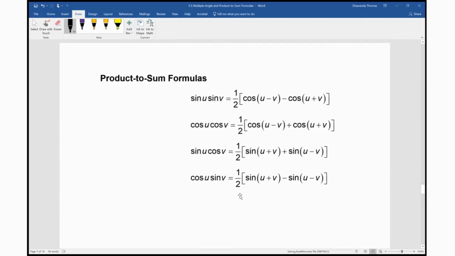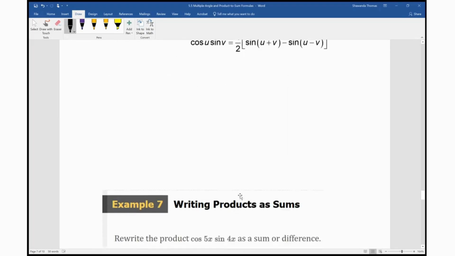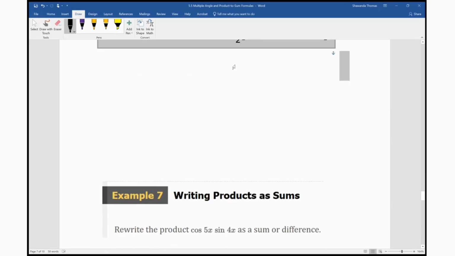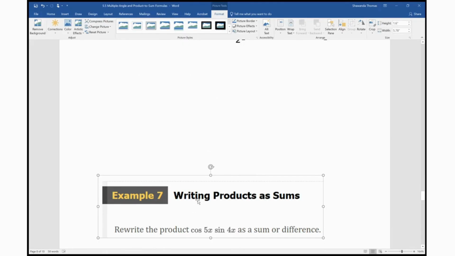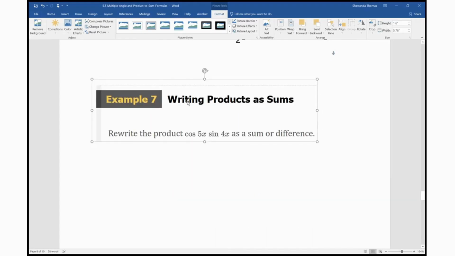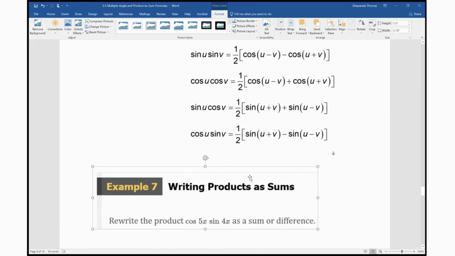Product to sum formulas. All right, I'll show you how to use those really quickly. Let me move this up. Rewrite the product cosine 5x sine 4x as a sum or difference.